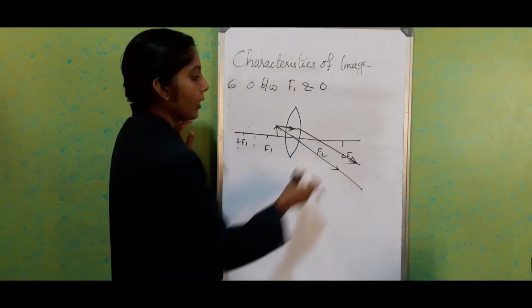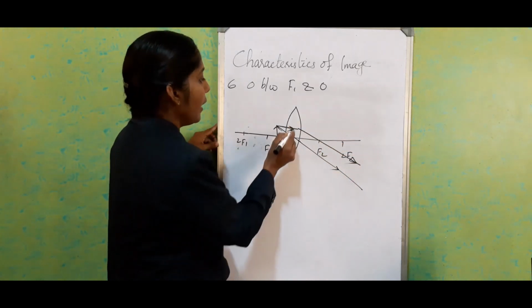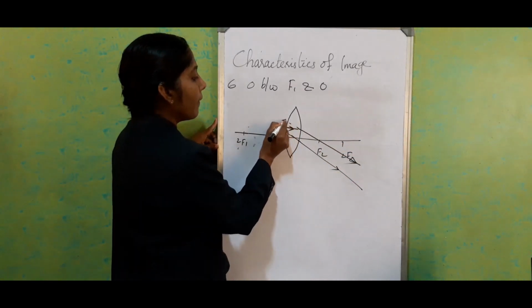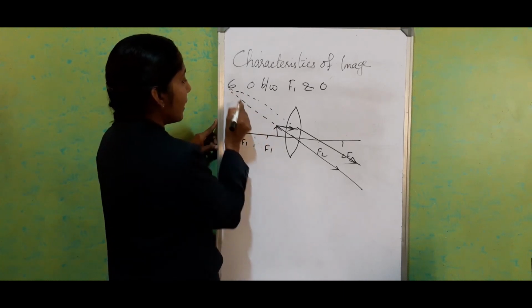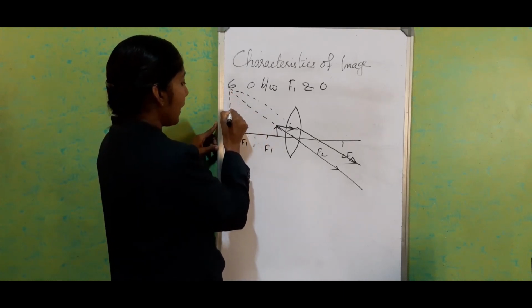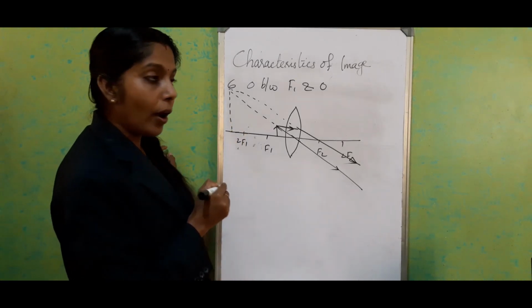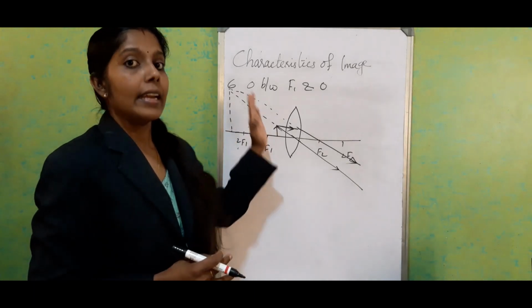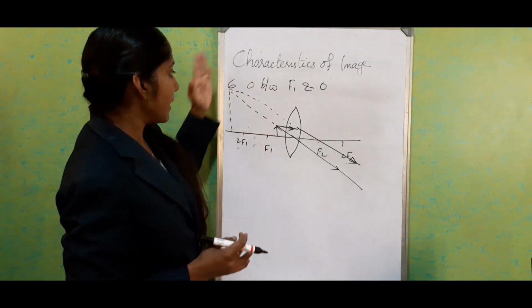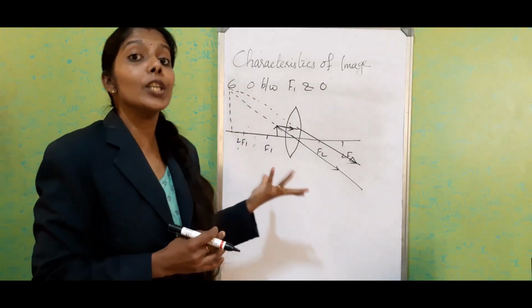Okay. So actually these rays are not meeting, but they are diverging from each other. So if we extend these lines back, at a particular point these lines join each other, on the same side where the object is. It appears to come from a point.